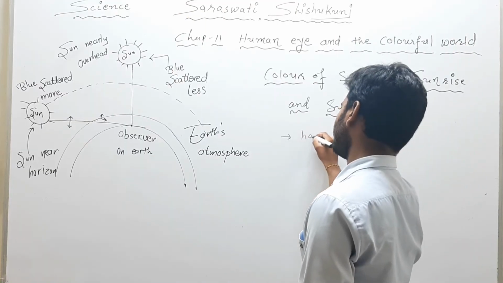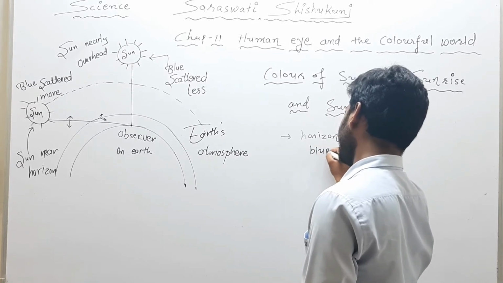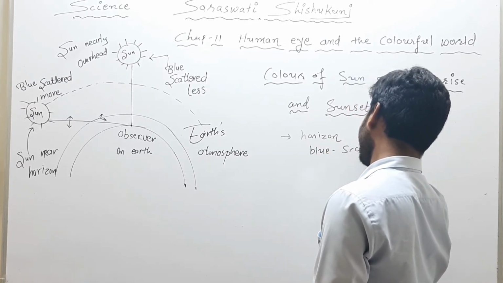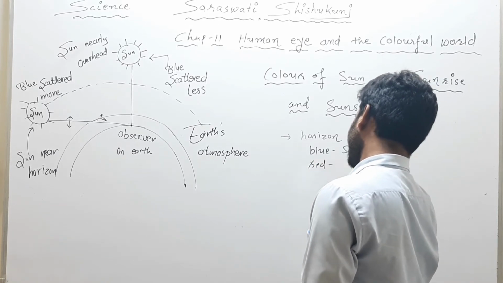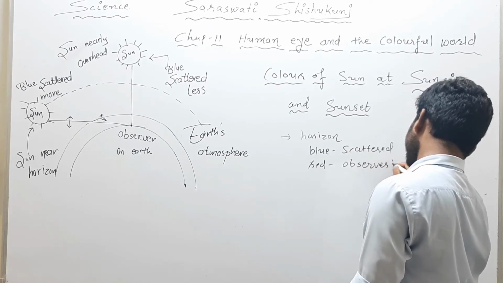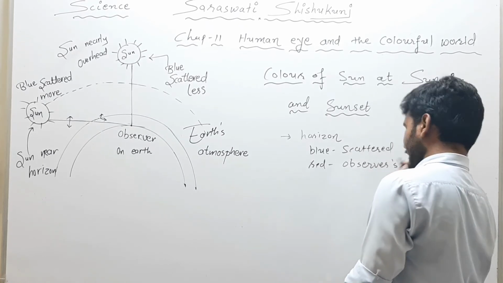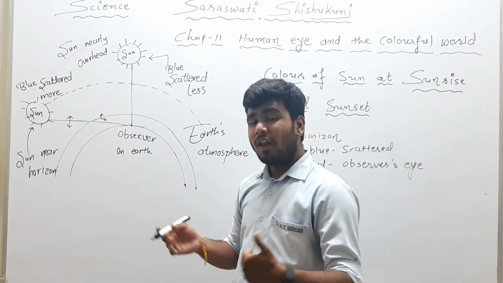So it's simple that near the horizon, blue color is almost scattered and red color will enter the observer's eye, because when light is passing through the denser medium, it will take a long time.